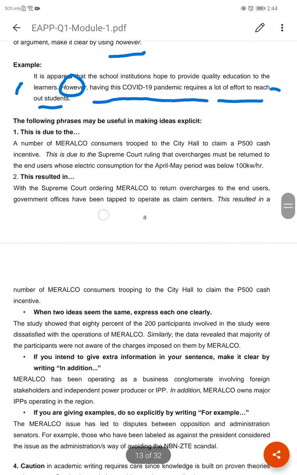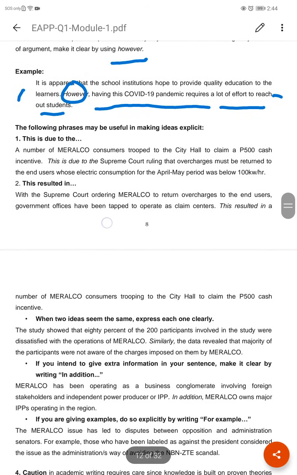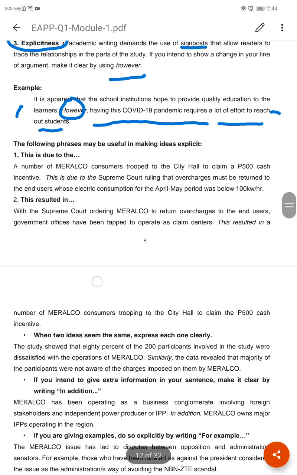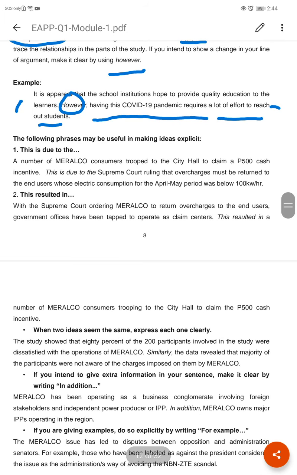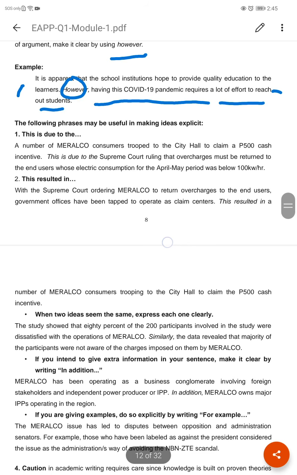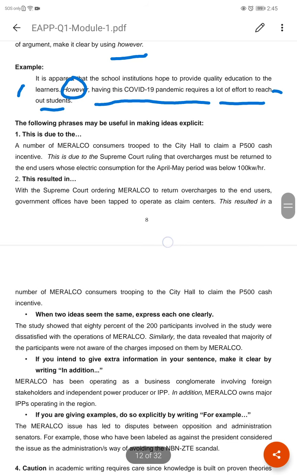So, in here, there are example phrases or words that may be used in making your ideas explicit. So, let's read this one. A number of Meralco consumers trooped to the city hall to claim a 500 pesos cash incentive.